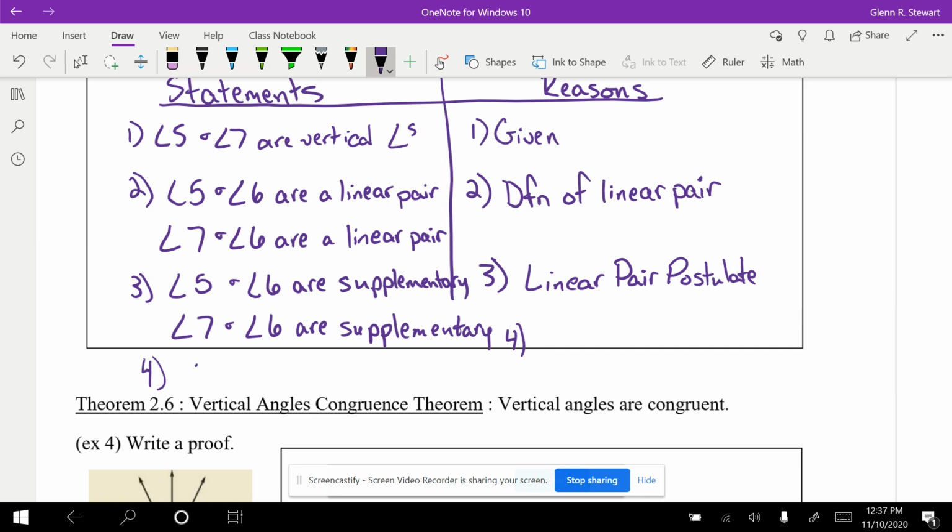So step 4 here, angle 5 is congruent to angle 7. This is the congruent supplements theorem. I'm sorry, we actually just talked about it in 2.7, because they're supplementary angles.